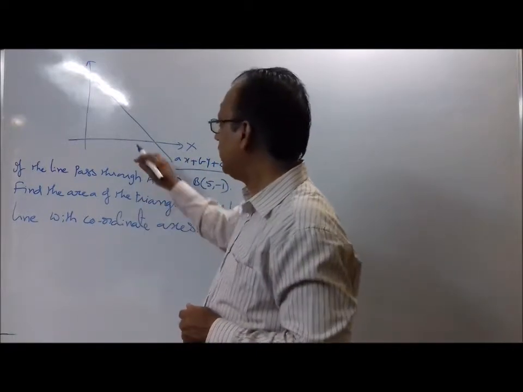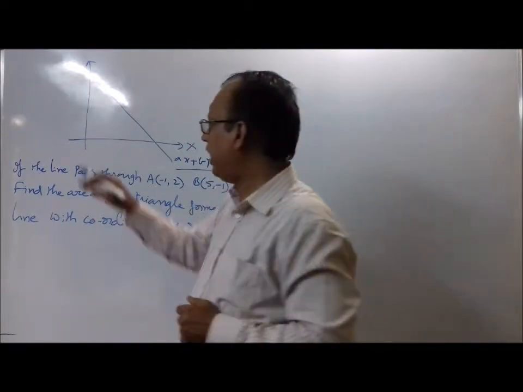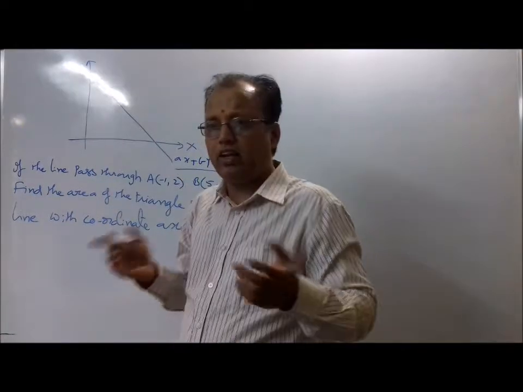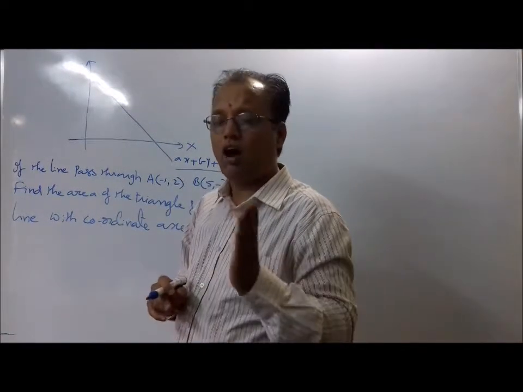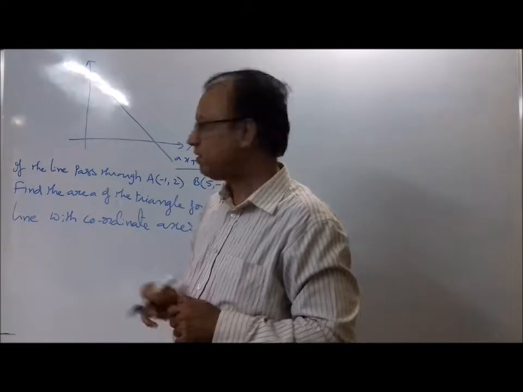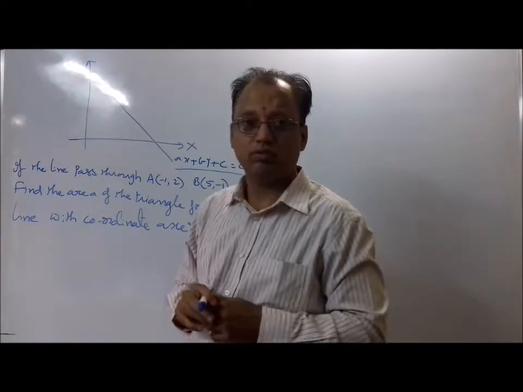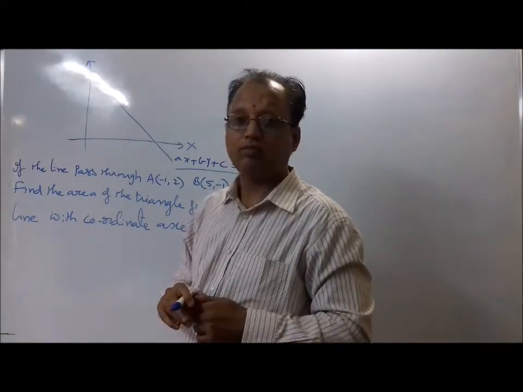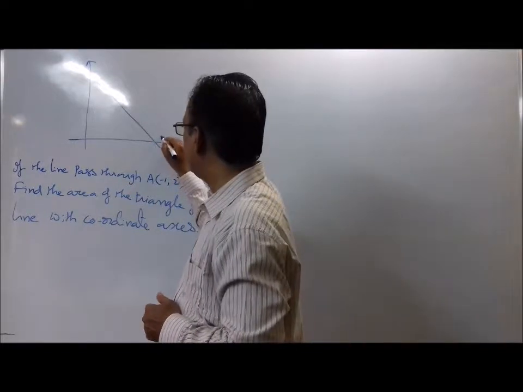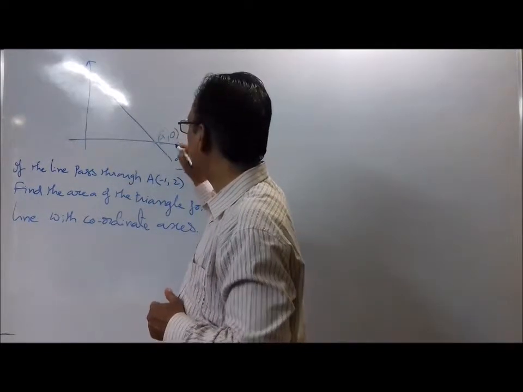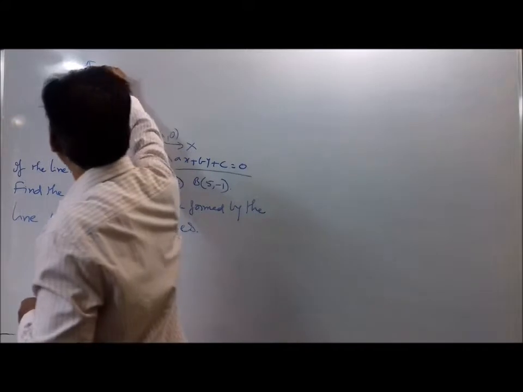First of all, if I know the base and the height, then I can use the formula half base into height. Here the base is the x-intercept. Suppose this point is (a, 0) and this is (0, b).